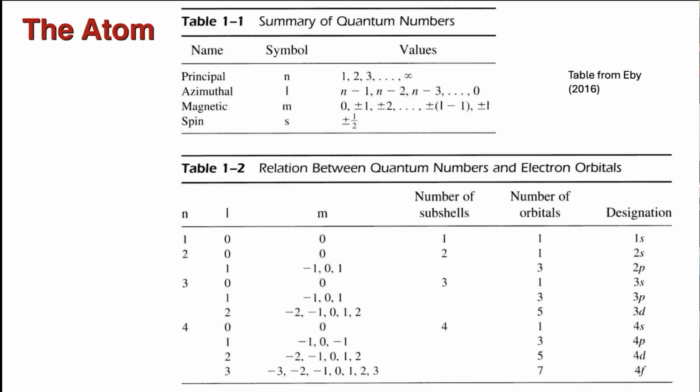Essentially, no two electrons within a single atom can have the same principal, azimuthal, magnetic, and spin properties. As we progress in the number of shells, the n number, we progressively increase the variability within the electronic configuration so that no two electrons can share the same properties. And that's really all I wanted to say about that.